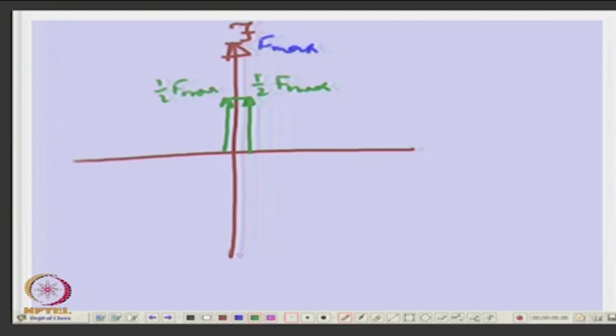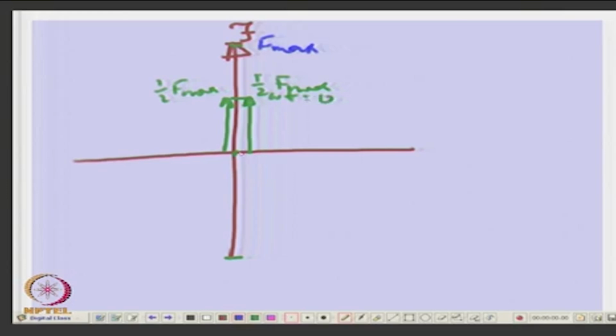Earlier I had only one magnet which varies from f max at time t equal to 0 to minus f max at omega t equal to 180 degrees. Now, what it physically means: we are saying this one is rotating forward, so it will go this way. So, this will be at omega t equal to 0.